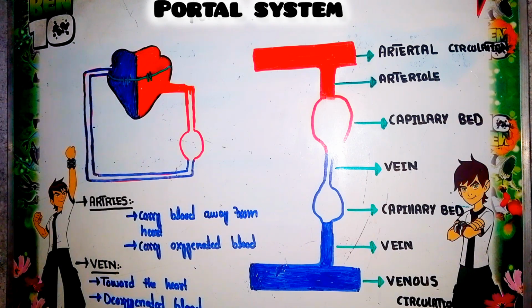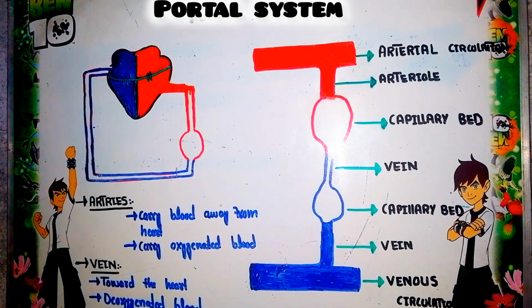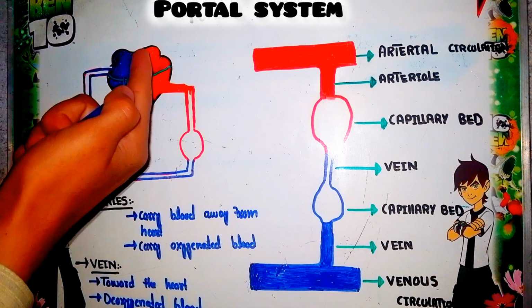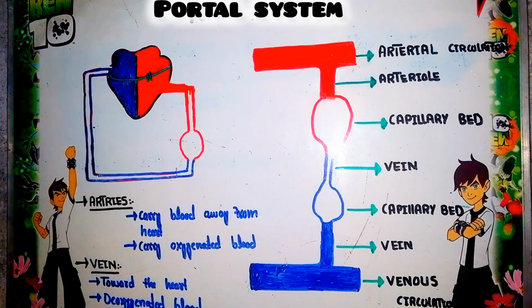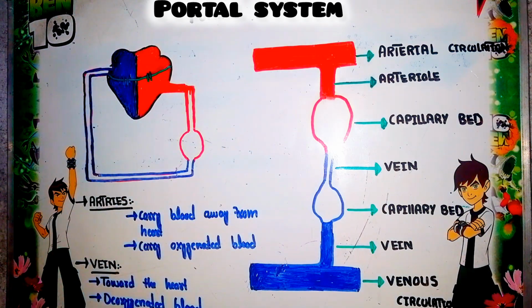From here, through the pulmonary artery, it will go toward the lungs for oxygenation. After oxygenation it will come through the pulmonary vein to the left atrium. From the left atrium it will go towards the left ventricle, and from the left ventricle it will go towards the other body parts.